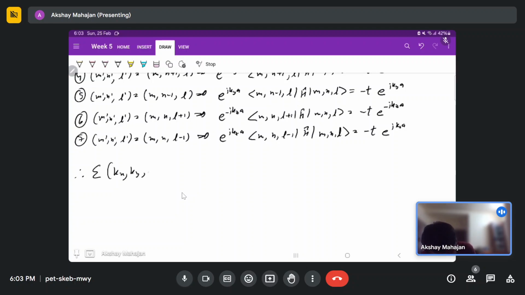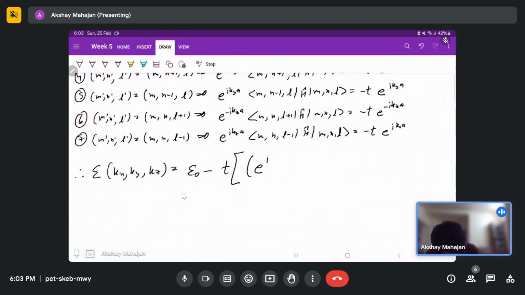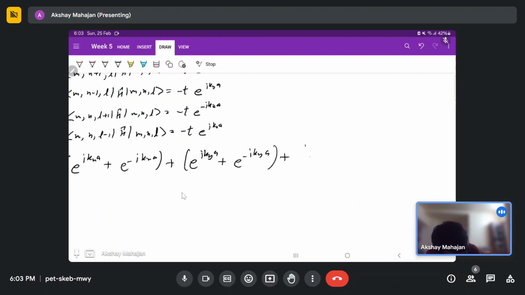So we will get our energy dispersion as a relation of kx, ky, kz, that will be equal to epsilon naught minus t times, we will get e to the power iota kx of a plus e to the power minus iota kx of a plus e to the power iota ky of a plus e to the power minus iota ky of a plus e to the power iota kz of a plus e to the power minus iota kz of a.